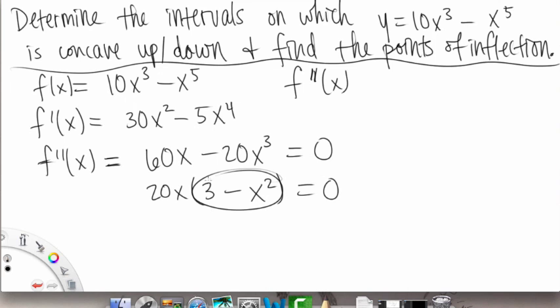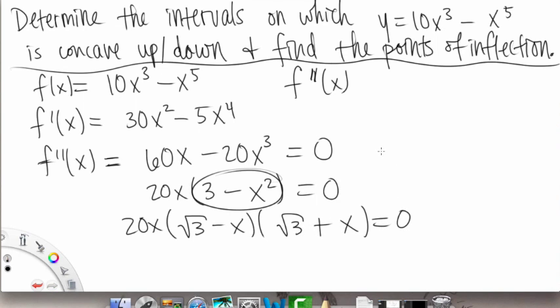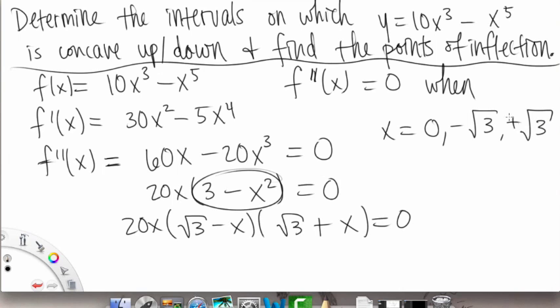And we can factor this further, so we get 20x times radical 3 minus x and radical 3 plus x equals 0. So f double prime of x is equal to 0 when x is either 0, negative radical 3, or positive radical 3. These are our critical points for the second derivative.